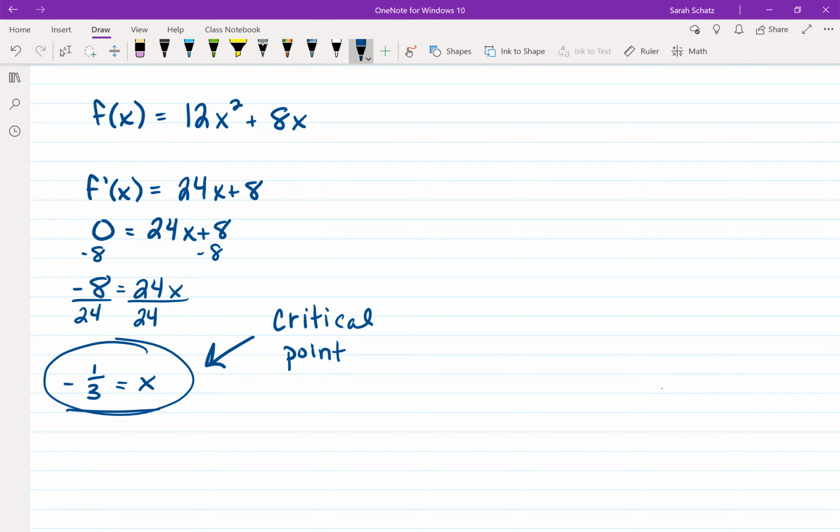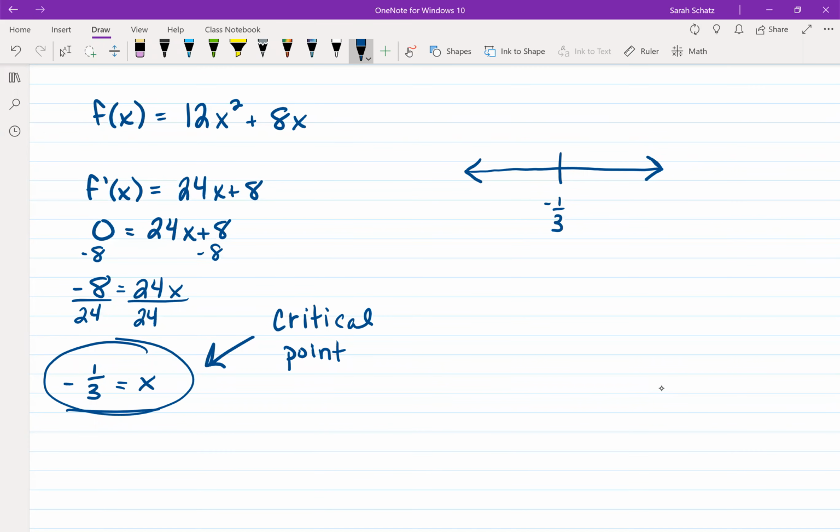So here we are, we found our critical point. But remember, we didn't stop there either, because I do want to know what it's doing around that point. So after you find your critical point, you stick it on a number line. So here's negative 1/3.